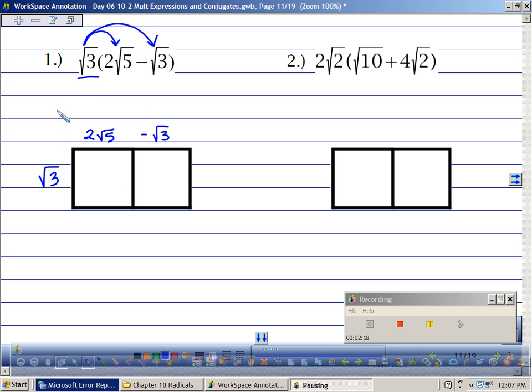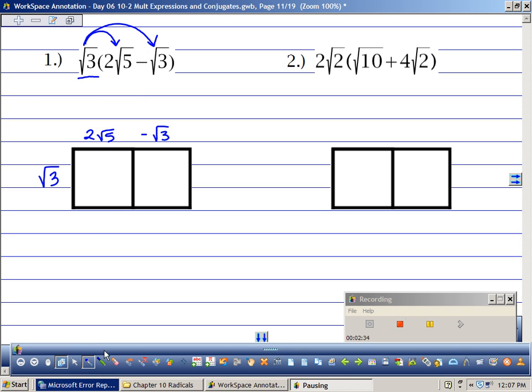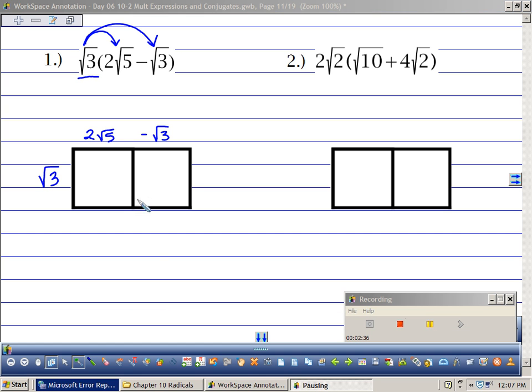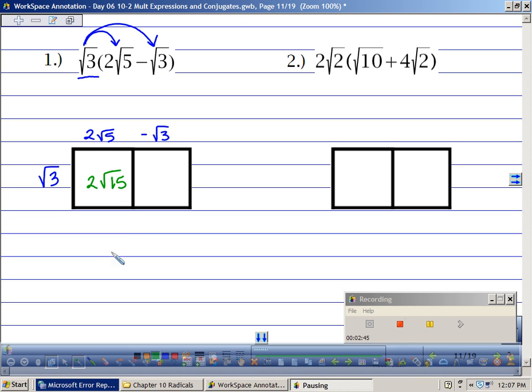We distribute. So what is root 3 times 2 root 5? Okay, I don't see any squares in here to worry about, right? So I just need to multiply it. So 2 root 15. And what's root 3 times root 3?